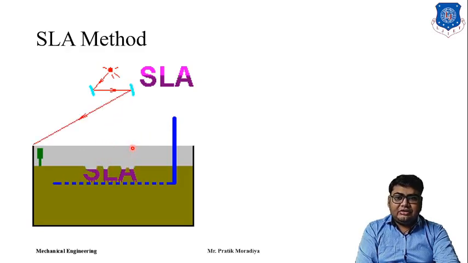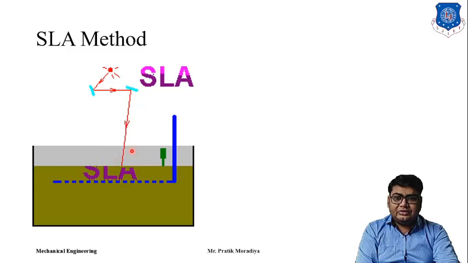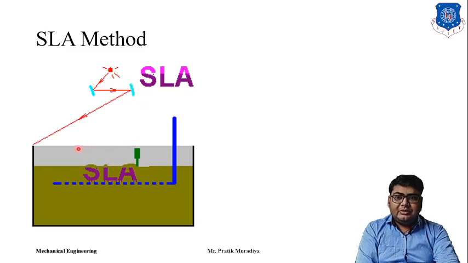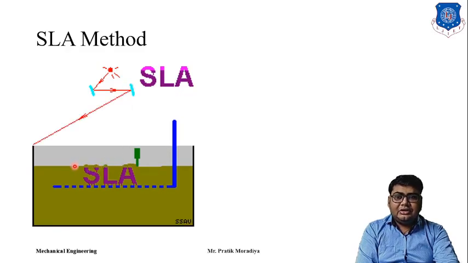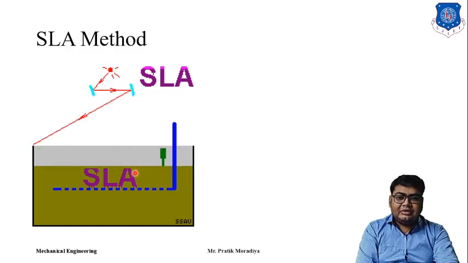So this is how SLA works, and I hope it is very clear, because this is very simple. Simply, where the light strikes, we will have our solid parts, because we are using a photopolymer. So whenever light comes in contact with this raw material, the polymerization process will start.